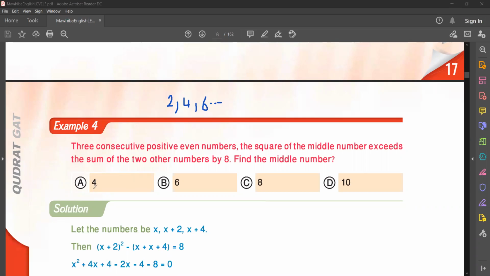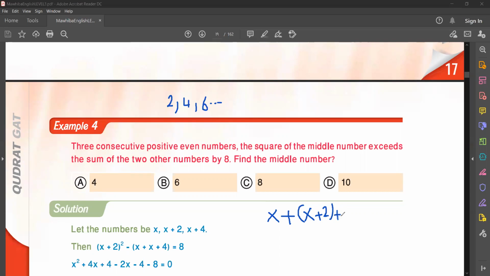So 3 consecutive positive even numbers, we write here like this: x, the first number. The second number is x plus 2, because the difference between the first even number and the second number is 2.